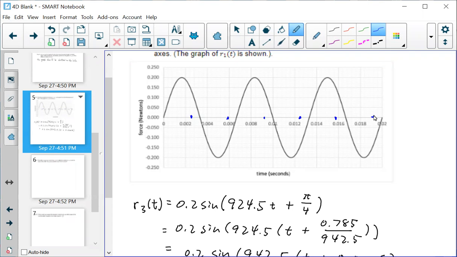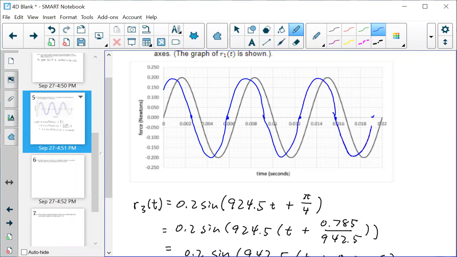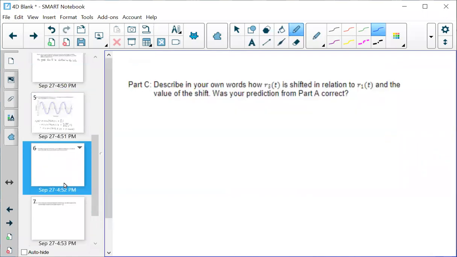So just going to draw these. All right, let's go to part C. Part C, it says, describe in your own words how R3 is shifted in relation to R1 and the value of the shift.